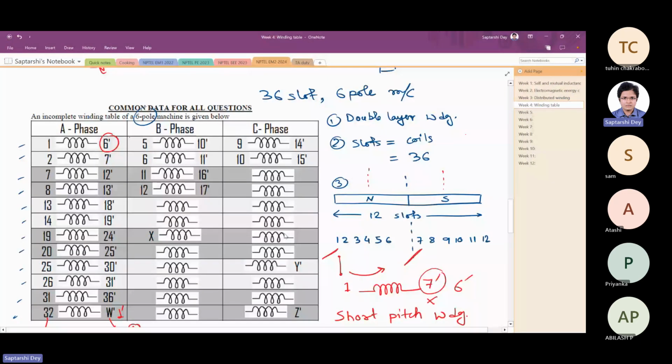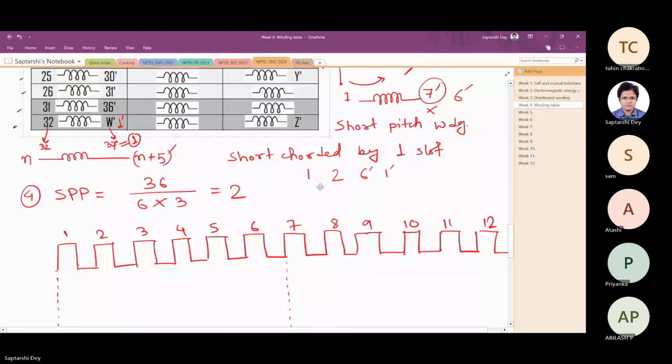No, wait, there is something, a little bit of change we have to do here. This is short corded. So what we have at 6 should actually be at 7. So we cannot consider 6 also. Is there 5 somewhere?